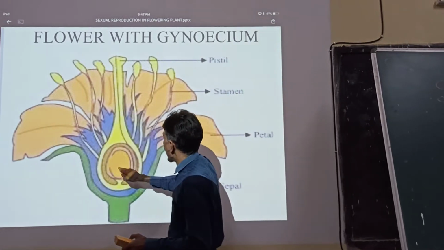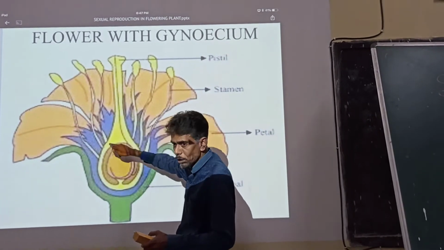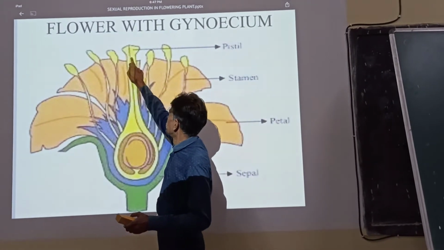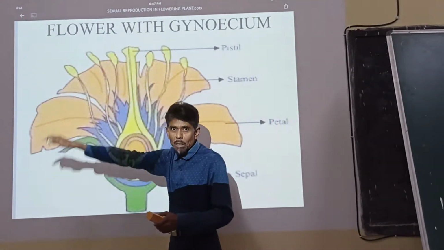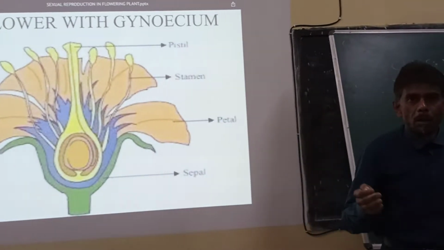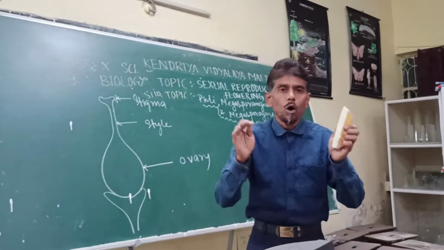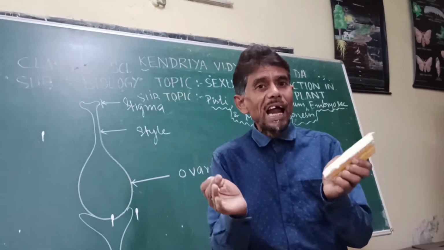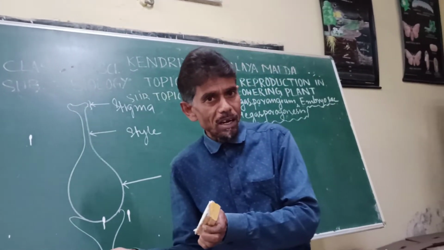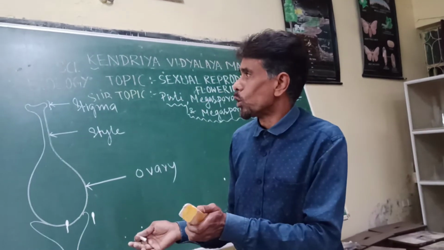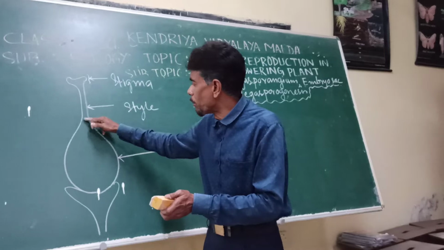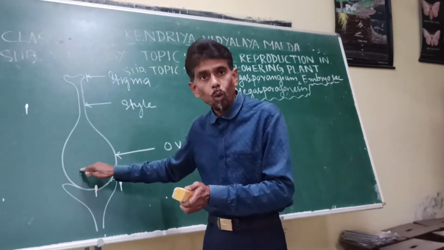The basal part we call ovary, up to here is the style, and this tip is the stigma. Stigma is the portion of the pistil for landing the pollen grain, from where, through the stylar tissue, the pollen grain with the help of the pollen tube comes to the ovary.